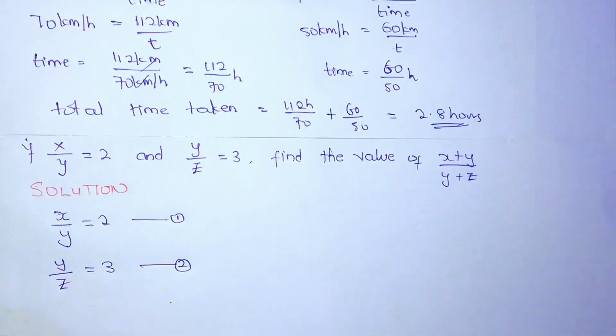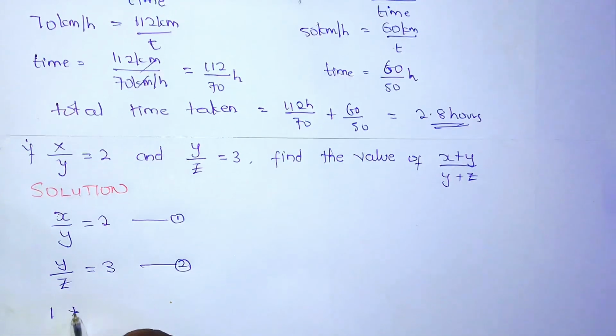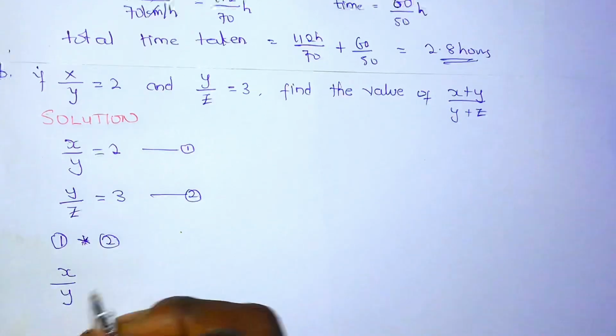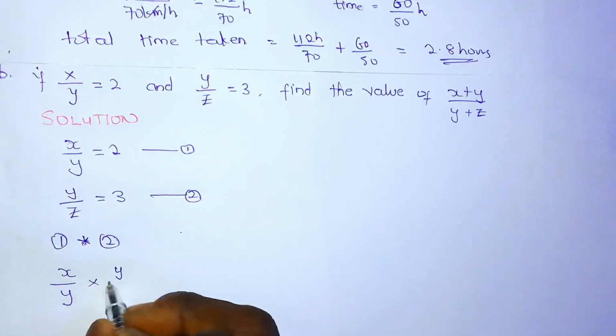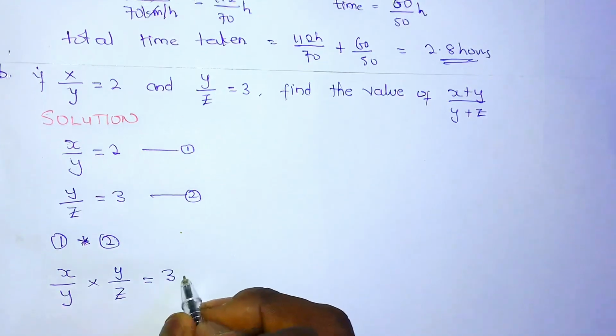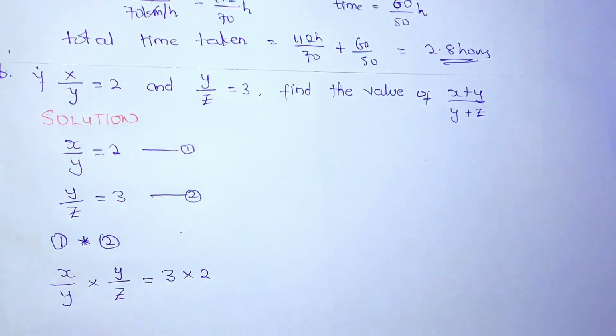Now if we multiply equation 1 and 2, we get x over y times y over z is equal to 2 times 3.